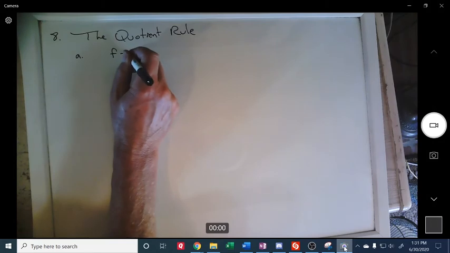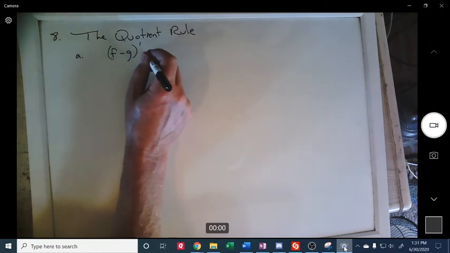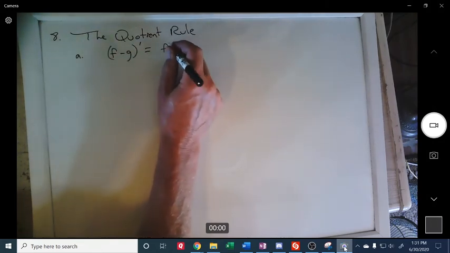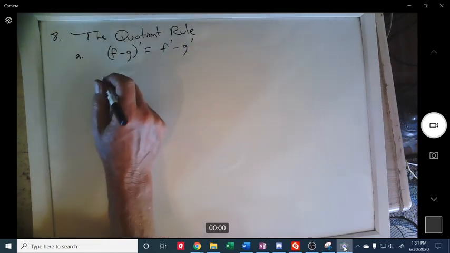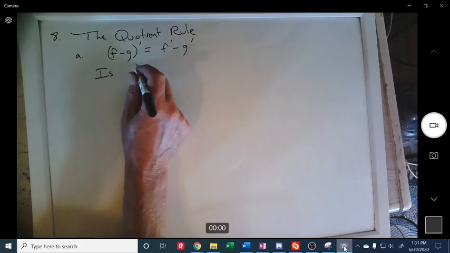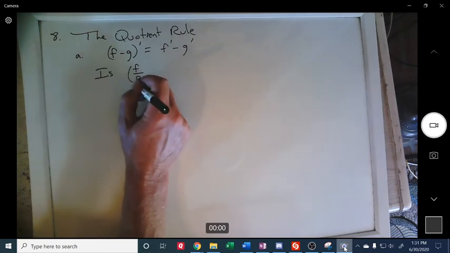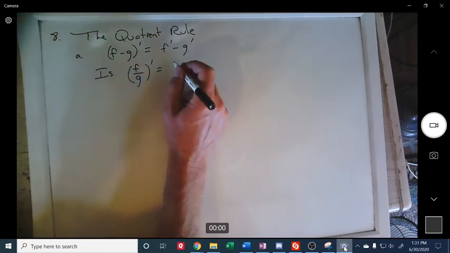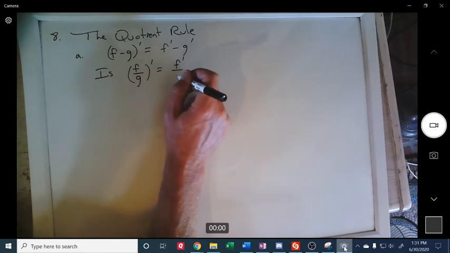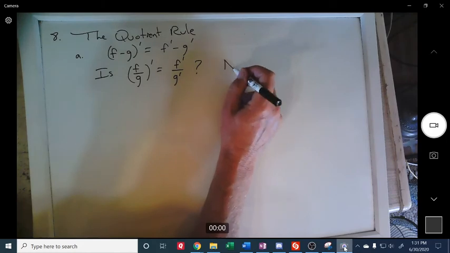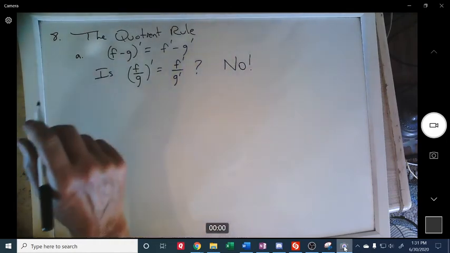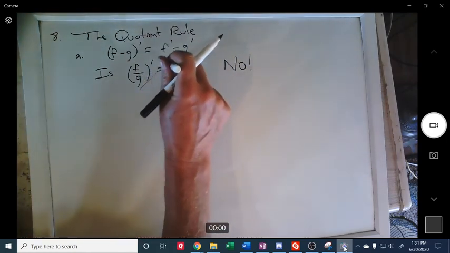Since f minus g prime is equal to f prime minus g prime, we might expect f divided by g prime to be f prime divided by g prime. But the answer is no. This is not true.